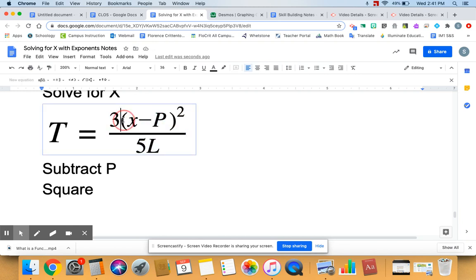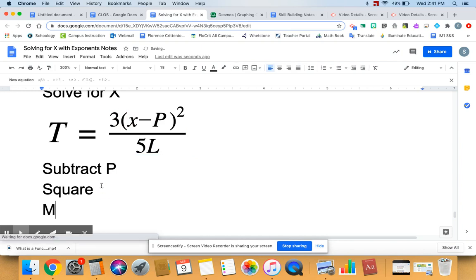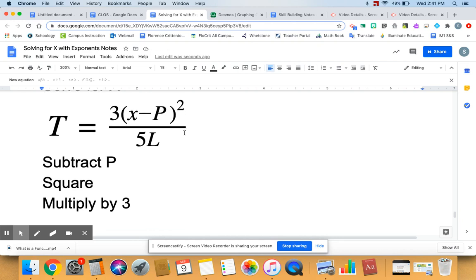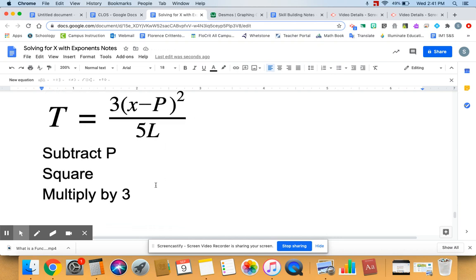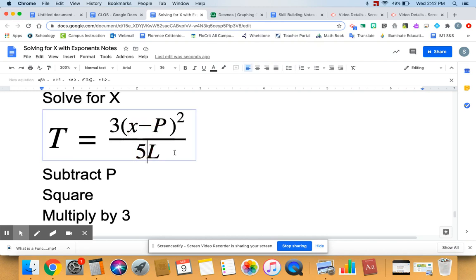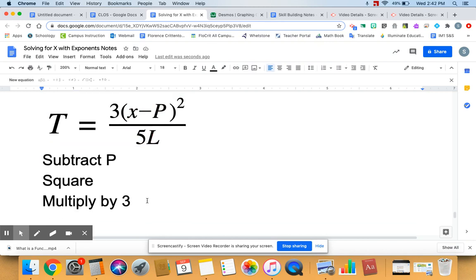Then once I've squared it, the times 3 in front would be the last step, multiplied by 3, before the whole top was one number. And then now that the whole top is one number, I would have to divide by that bottom. And if I knew L, I'd have to multiply them together. However, we don't know L, so I could just write divide by 5L.